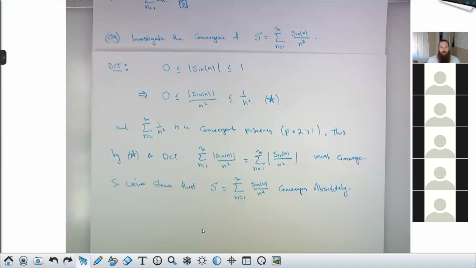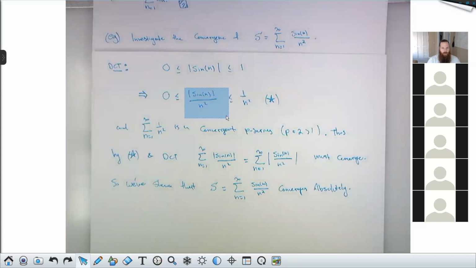So I couldn't attack the series directly. That wasn't an option because none of my convergence tests apply to the original series. But my convergence tests do apply to the absolute value series, and I was able to show it converges using a direct comparison. The terms of the absolute value series, absolute value sine n over n squared, the bottom there is always positive, so these are the same.